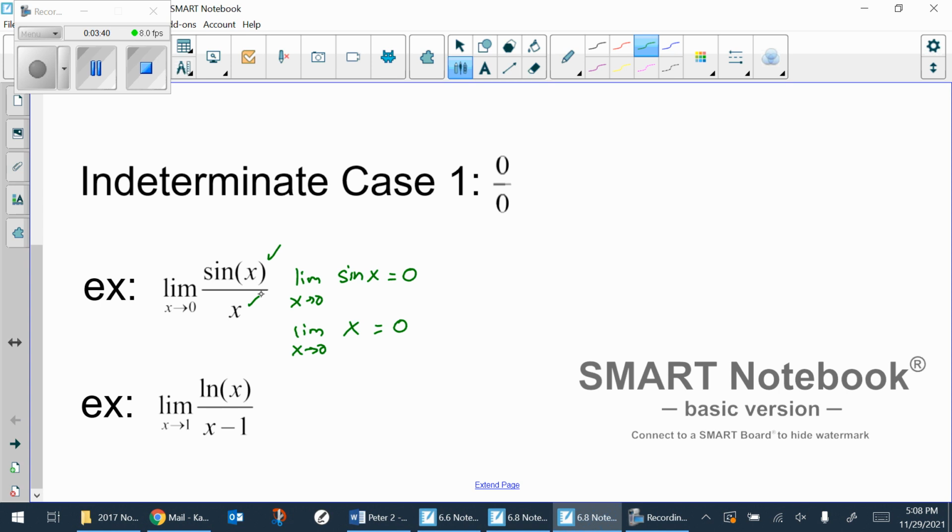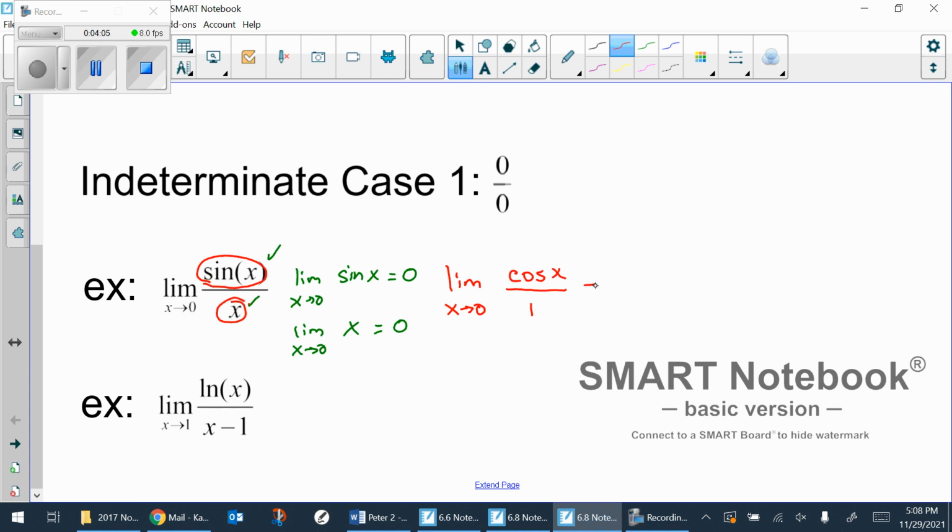So now we're actually going to use L'Hopital's rule. We're going to find the limit as x approaches 0, and we take the derivative of the top, and the derivative of sine is cosine of x, divided by the derivative of the bottom, and the derivative of x is 1.